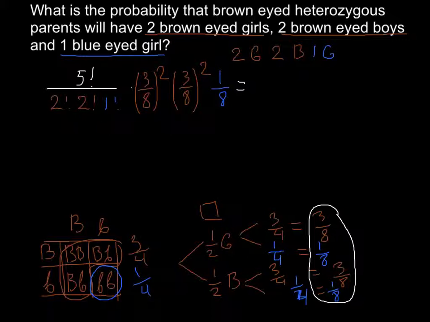So first let's solve it for the first part of the formula, and 5 factorial would be the same as 5 multiplied by 4, by 3, by 2, and by 1. And underneath we have 2 multiplied by 1, multiplied by 2, multiplied by 1, and multiplied by 1.